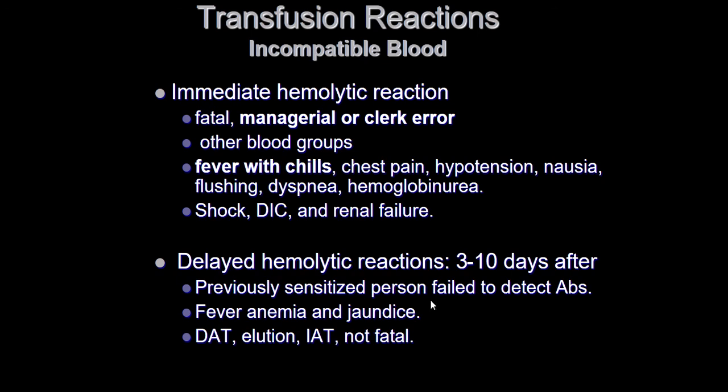The delayed type usually takes place 3 to 10 days after the transfusion. Usually the patient is previously sensitized. The person failed to detect the antibodies, so it takes time to detect those. So the patient will develop fever, gradual, and then anemia, and also jaundice.